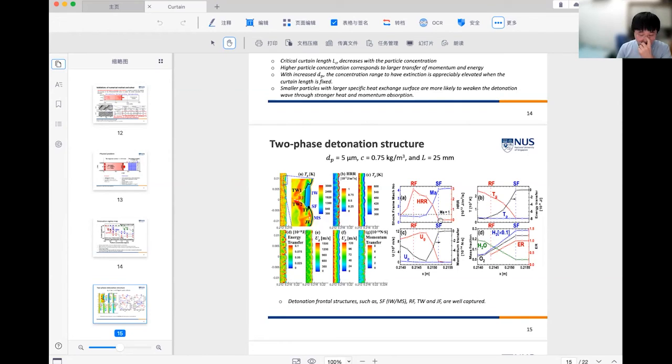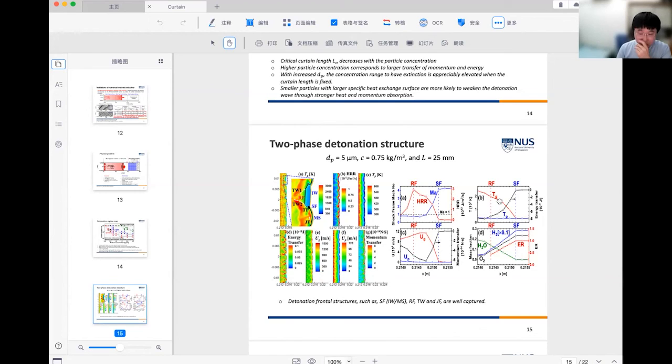And the right figure is the weighted average of the results of the left figure. So in figure A, we found that the heat release rate increased behind the shock front and peaks at the reaction front. And the shock frame Mach number is significantly decreased behind the shock front.